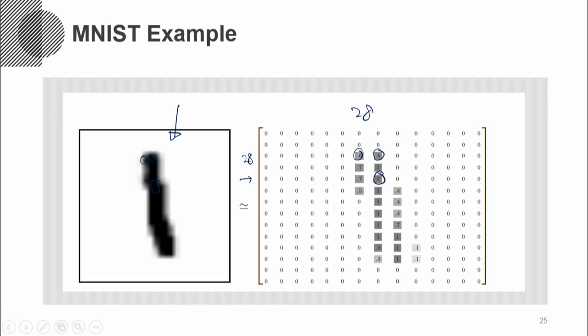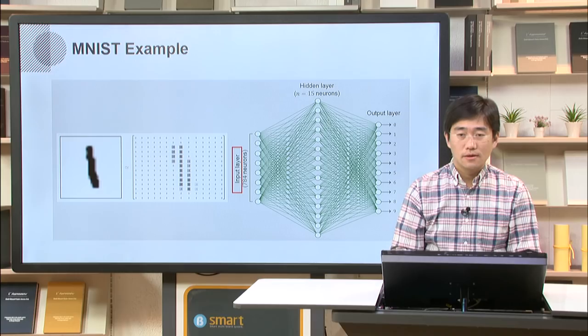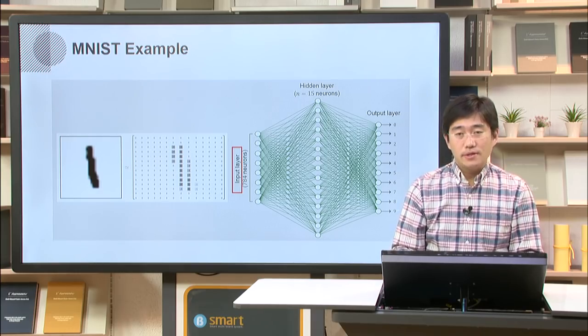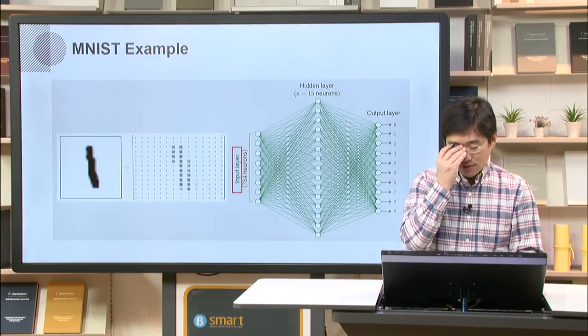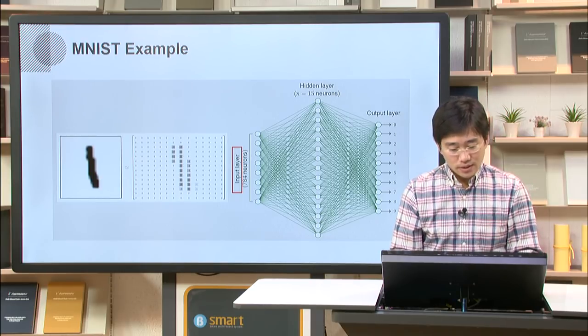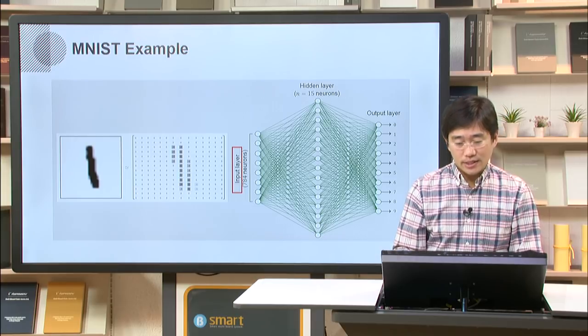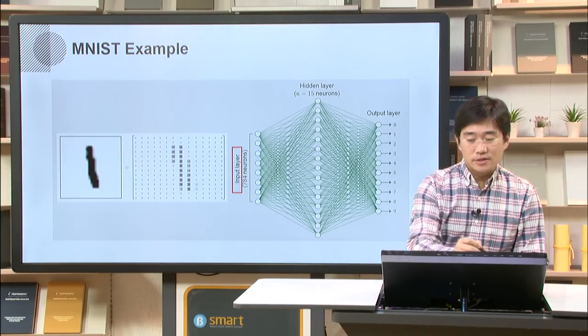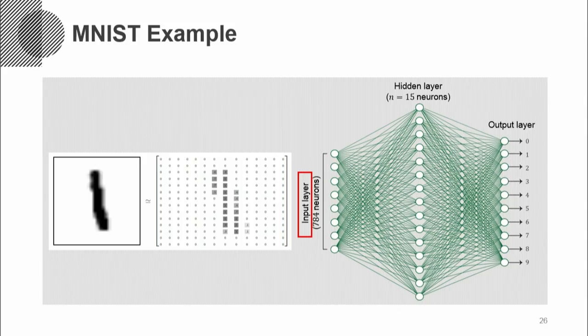So it is normalized so that the range lies between 0 and 1. Using this MNIST dataset, we can construct an artificial neural network so that we can predict the given image's label information that indicates a particular digit ranging from 0 to 9.